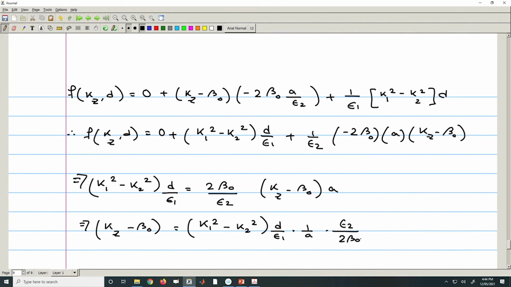From here we will get k_z as beta naught plus epsilon 2 upon epsilon 1 times (k1 square minus k2 square) upon 2 beta naught times d by a.